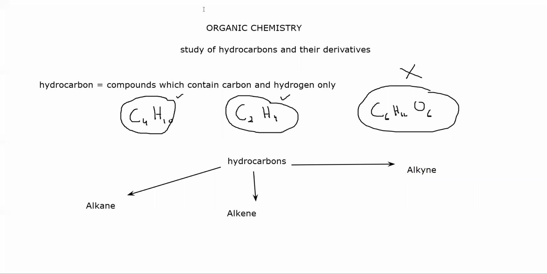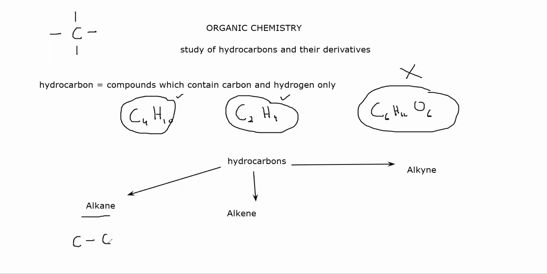How can you distinguish whether a hydrocarbon is alkane, alkene, or alkyne? As you know, carbon belongs to group 4, so carbon can form a maximum of 4 covalent bonds. What is alkane? It's a hydrocarbon which contains only a single bond between the carbon atoms.